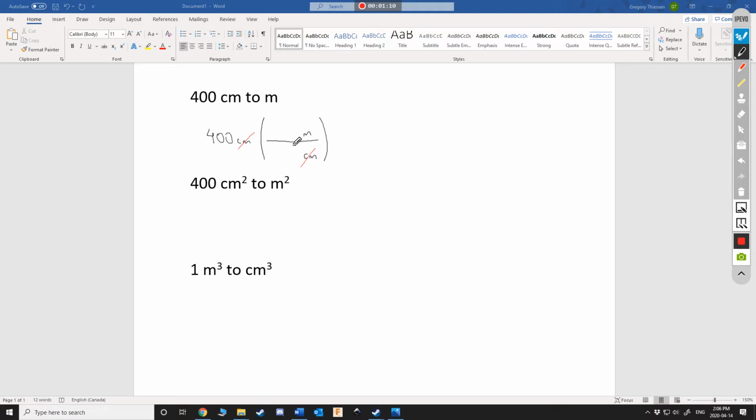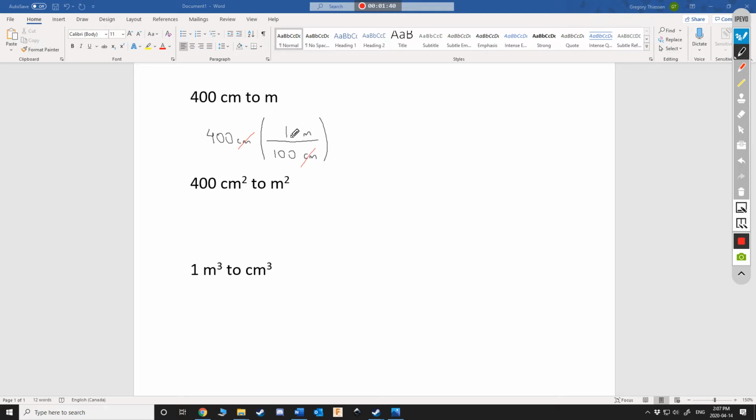Now I need to put the correct values into this bracket. I have to ask myself how many centimeters exist in 1 meter. Hopefully this is something you know in your head because we've all used rulers and meter sticks. Just visualize a meter stick and think how many centimeters are in that 1 meter stick, and hopefully you come to the realization that there's 100 centimeters in 1 meter.